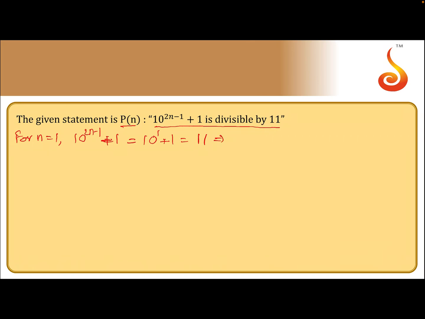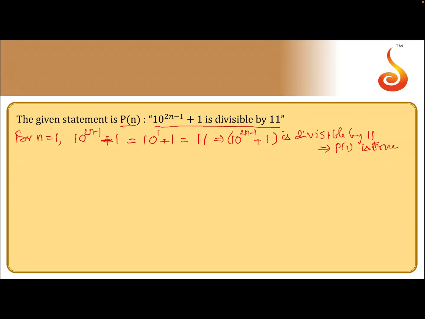That implies 10^(2n-1) + 1 is divisible by 11. It implies P(1) is true, that means the statement is true for n equals 1.